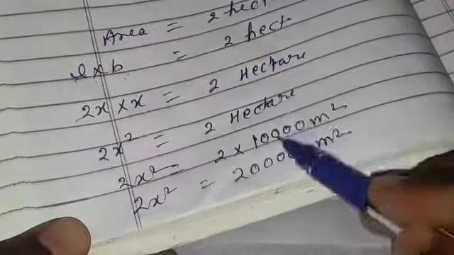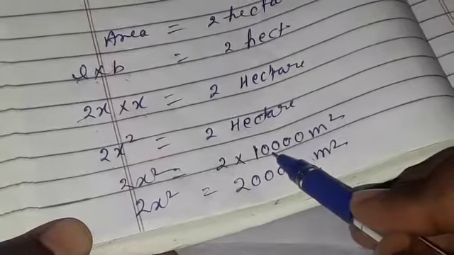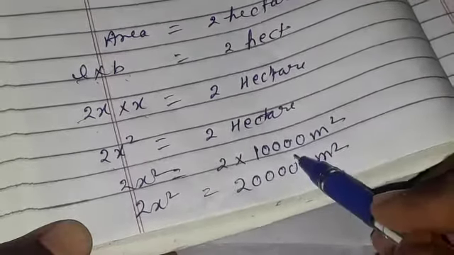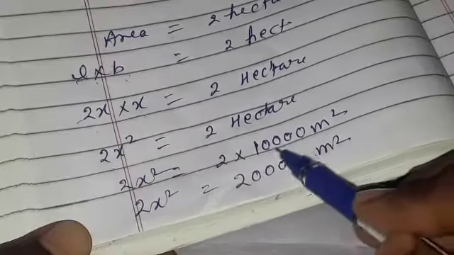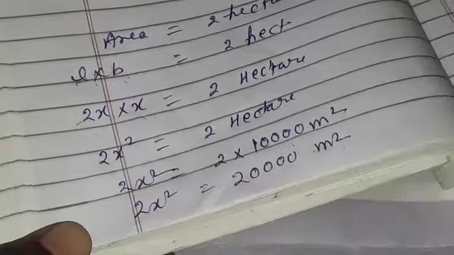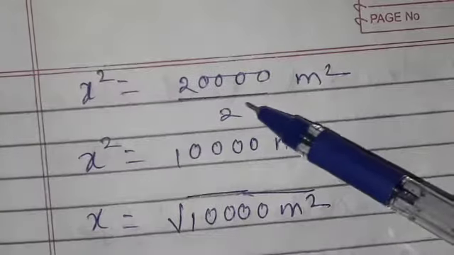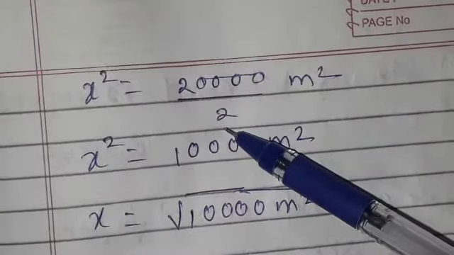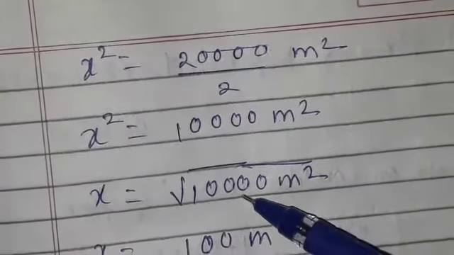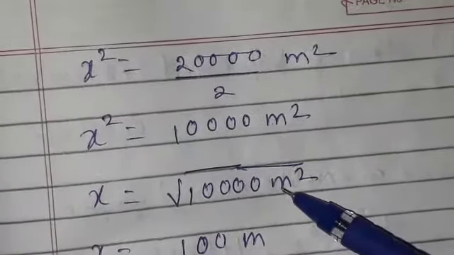So 2x into x, 2x square, that is equal to 2 hectare. And convert that hectare in meter square. So you all know the relationship between hectare and meter square. So 1 hectare means 10,000 meter square. So 2x square equal to 20,000 meter square. So x square equal to 20,000 upon 2 meter square, x square equal to 10,000 meter square, and x equal to under root 10,000 meter square.